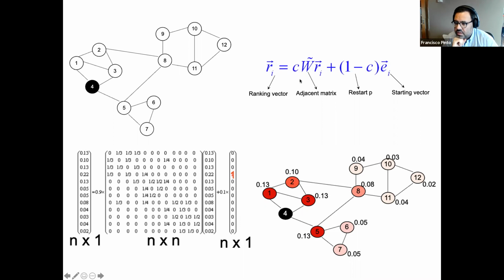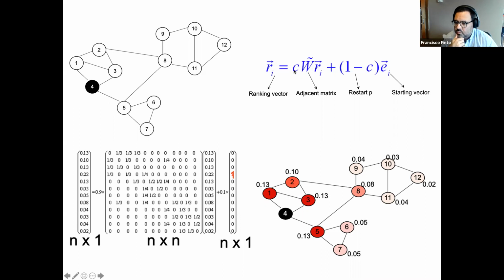If you have a C that is very low, normally what happens is that the random walks are so short that a large part of the network has a ranking value close to 0, or a probability of being visited close to 0. And only in the closer neighborhood of the starting nodes, you get a higher probability of being visited.